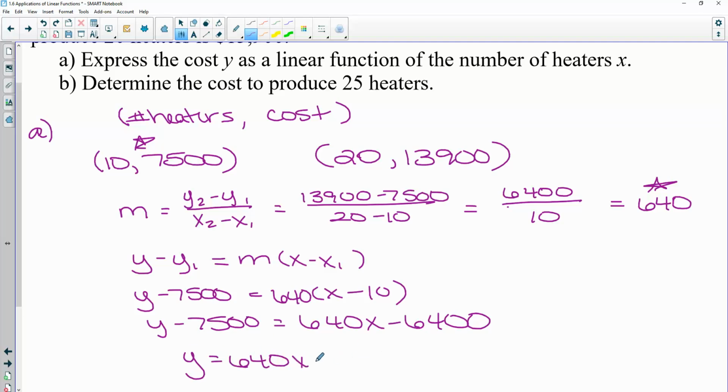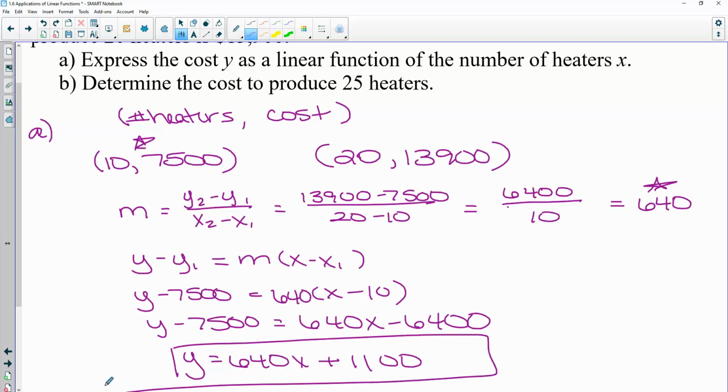Add over the 7,500, and we get 640x plus 1,100.